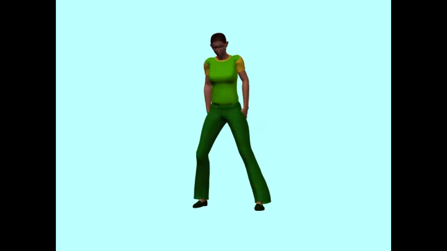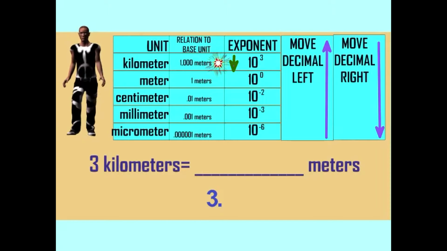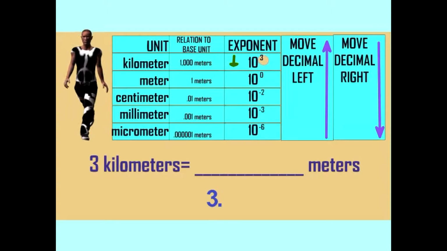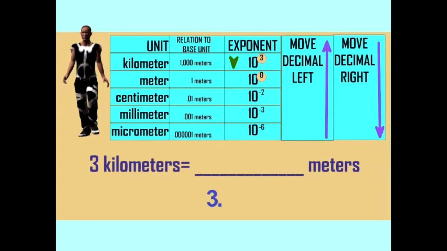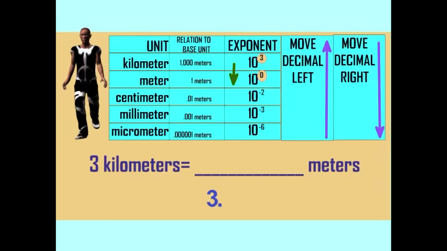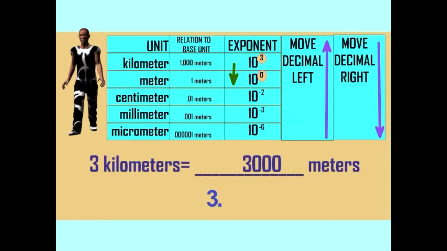How many meters would 3 kilometers be equal to? If I want to convert kilometers into meters, I look at how many powers of 10 separate their exponents. Since kilo is represented by the exponent 10 to the third, and meter is our base unit of 10 to the 0, they are separated by 3 powers of 10, and I will be moving the decimal place 3 places in our conversion.